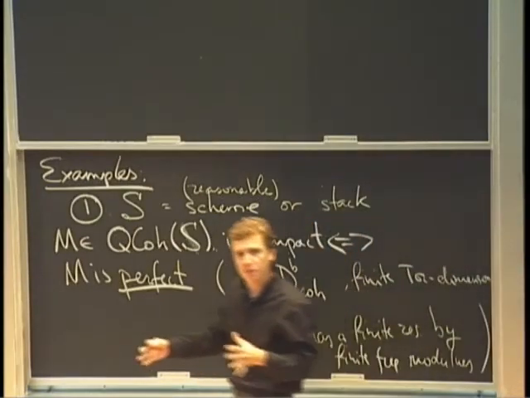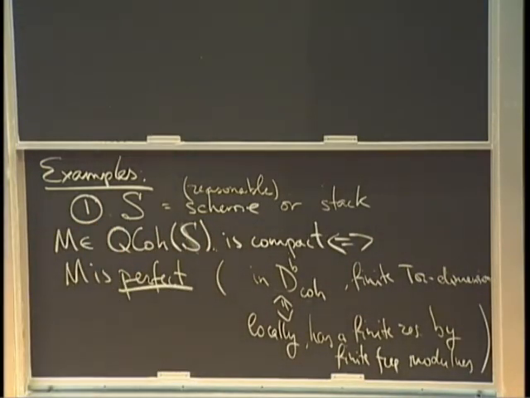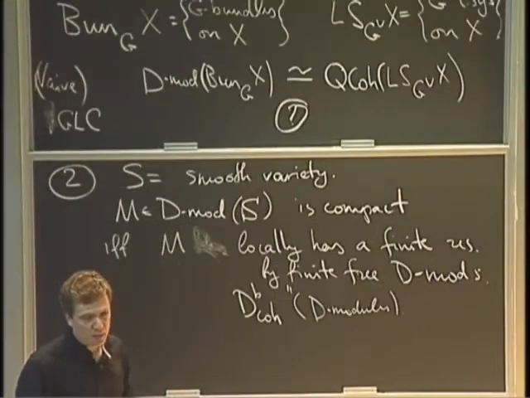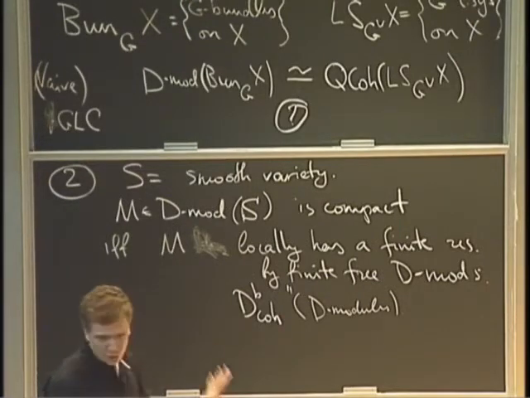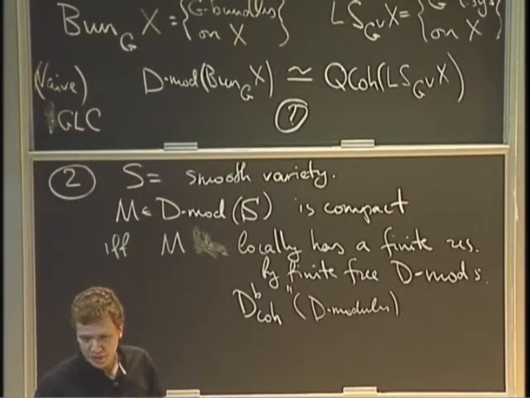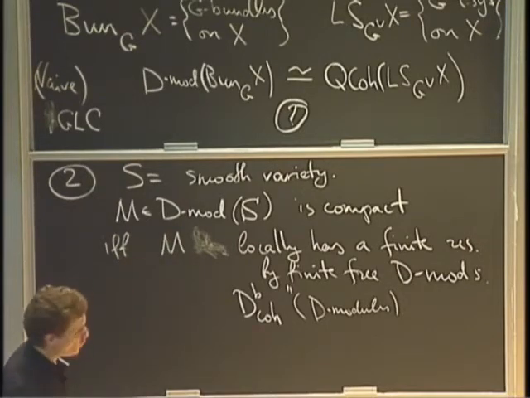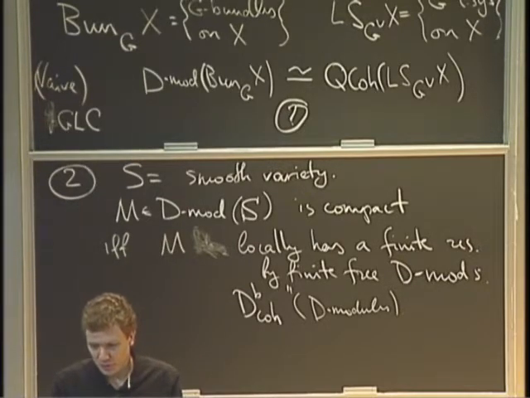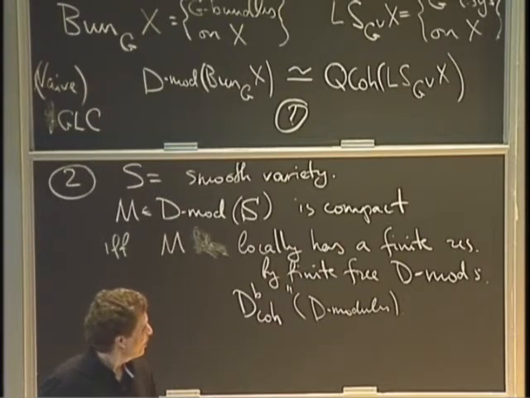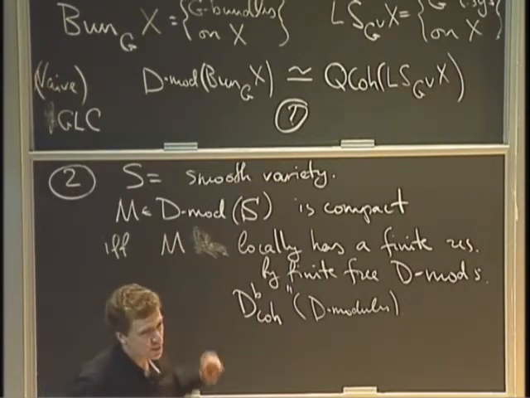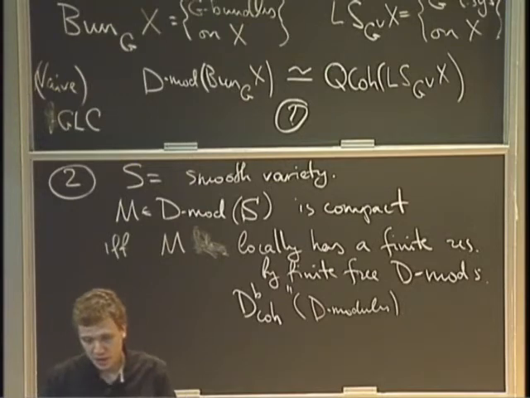So you don't get a perfect complex, only a coherent complex. And I'll describe this more precisely in a moment. But for now, I think I at least told you what makes one thing that makes me unhappy about this would-be equivalence.